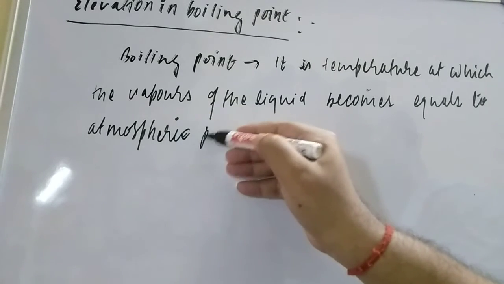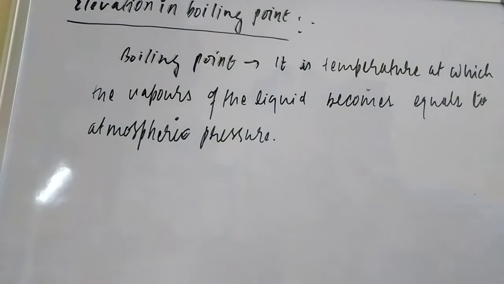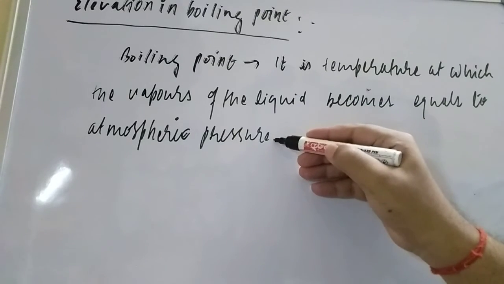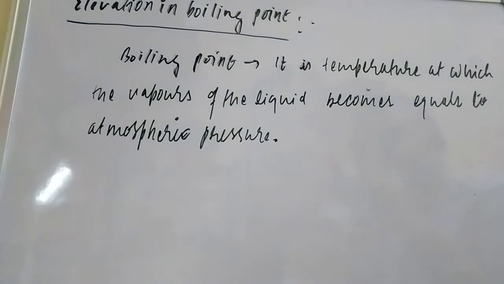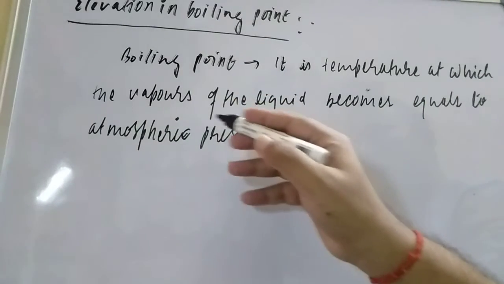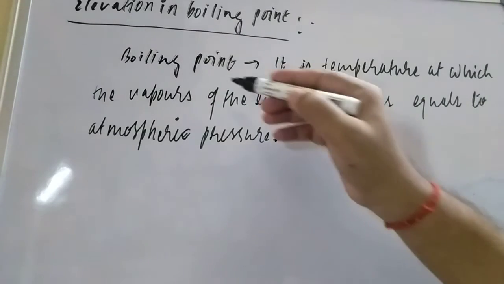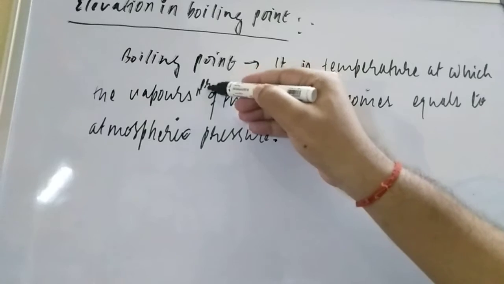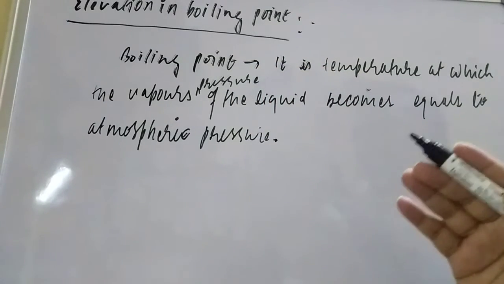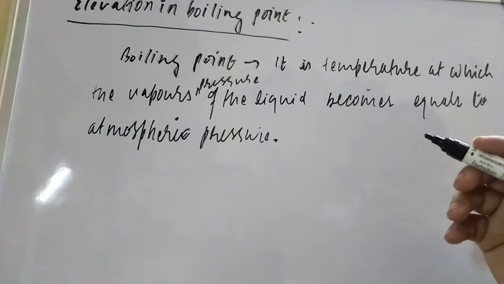If the vapor pressure becomes equal to the atmospheric pressure, that is known as the boiling point. So whatever the temperature at which the vapor pressure becomes equal to atmospheric pressure is known as what, student? Boiling point.